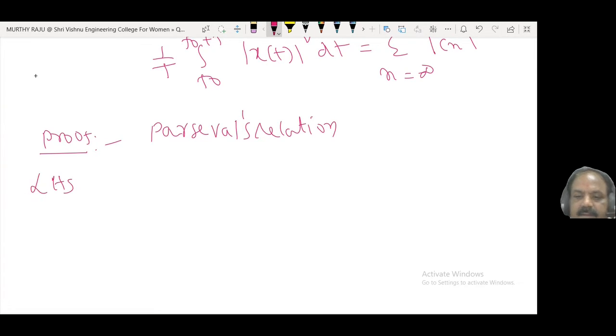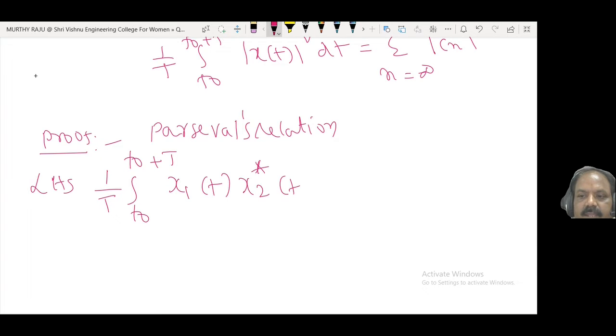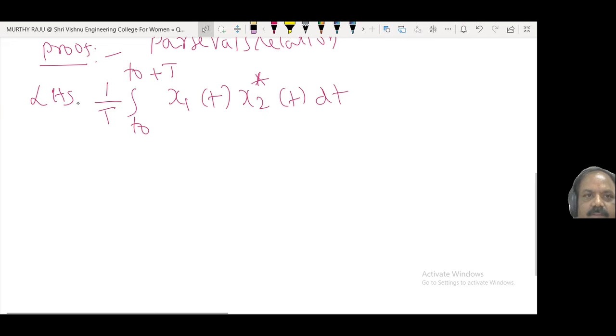LHS is equal to (1/T) integral from t0 to t0+T of x1(t) x2 conjugate of t dt.